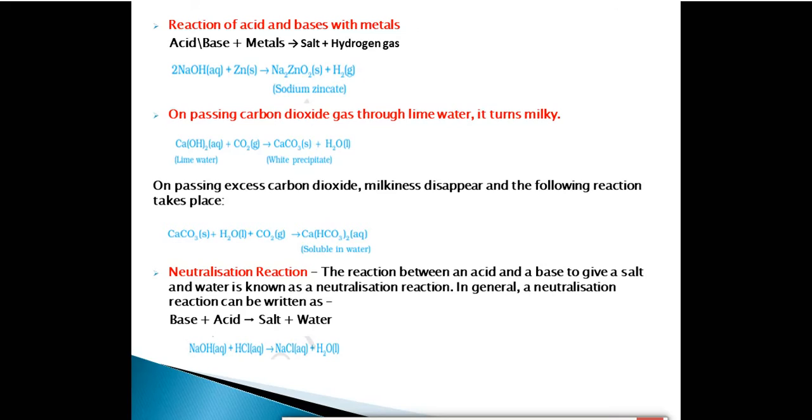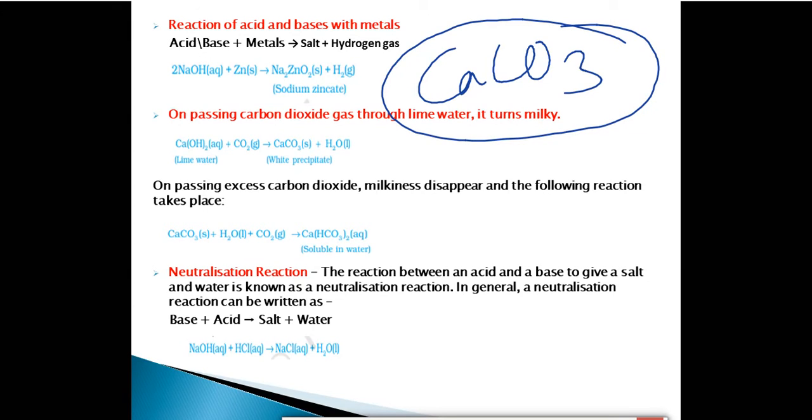What is the name of that precipitate? Calcium carbonate. It is not soluble in water and it is white in color. Along with that, water will also be formed. So whenever carbon dioxide gas is passed through lime water, it turns milky, and a white precipitate of calcium carbonate is formed. Along with that, water is also produced.